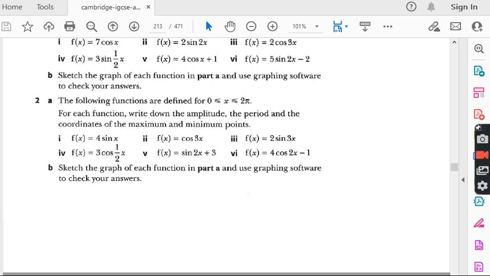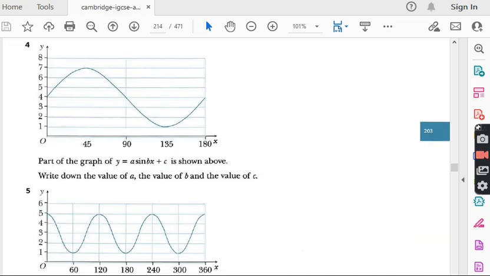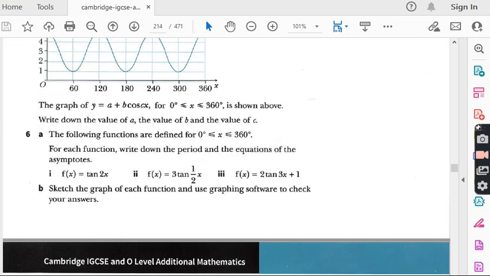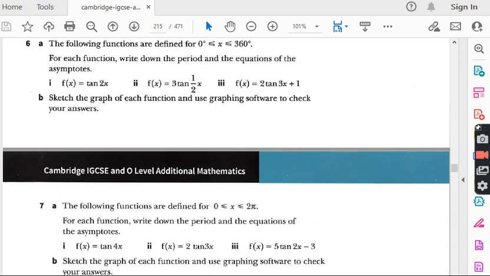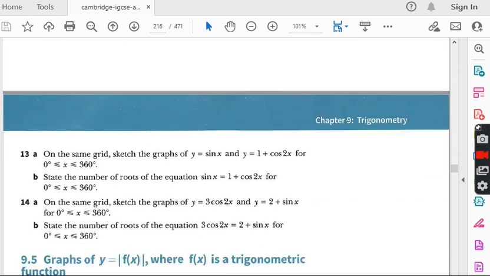The same question, 100% same question, but this time we will use a radian function, not degrees function. No issue, no problem. It's very easy. What is question number 3? Question number 4. Very easy exercise. Don't worry, we will do each and every question, I promise you.